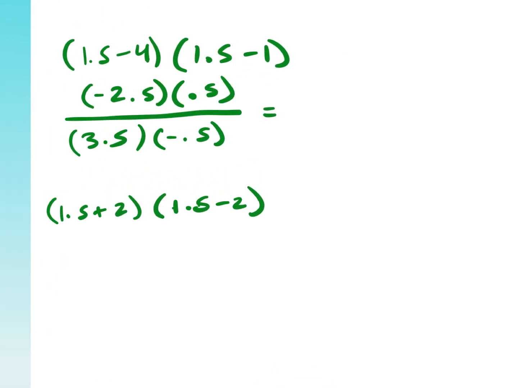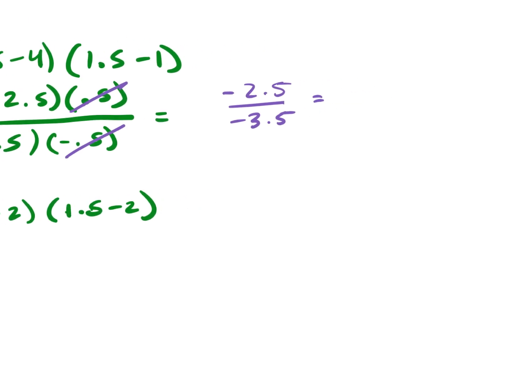We can do a little bit of simplifying, so we don't even have to multiply. If I've got a 0.5 on the top and a 0.5 on the bottom, we can just cross them off. But we do have a negative, so that negative's got to stay. So this would be negative 2.5 over negative 3.5, which would be, I'll multiply the top and the bottom by 10 to make it a little bit easier for us to see.